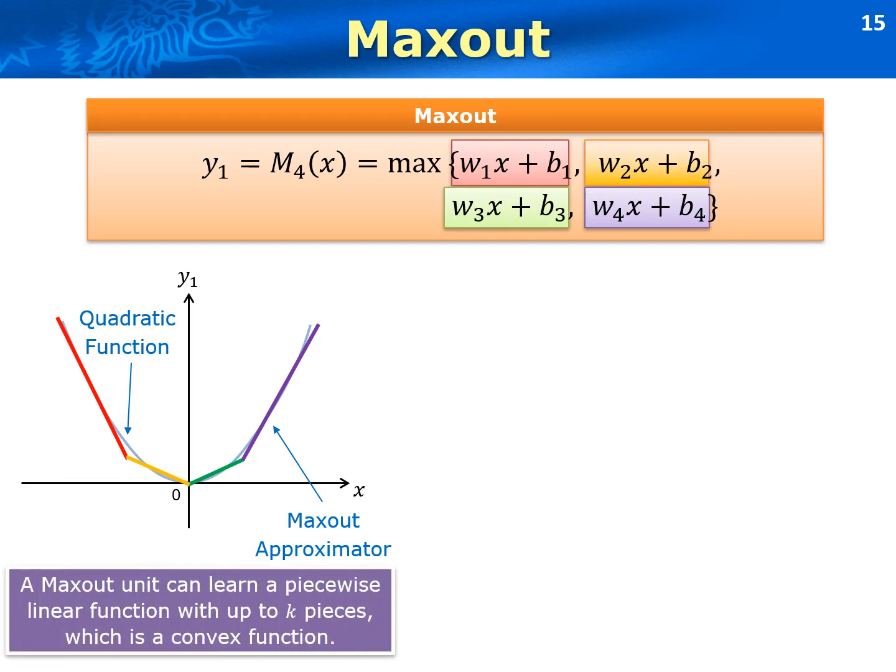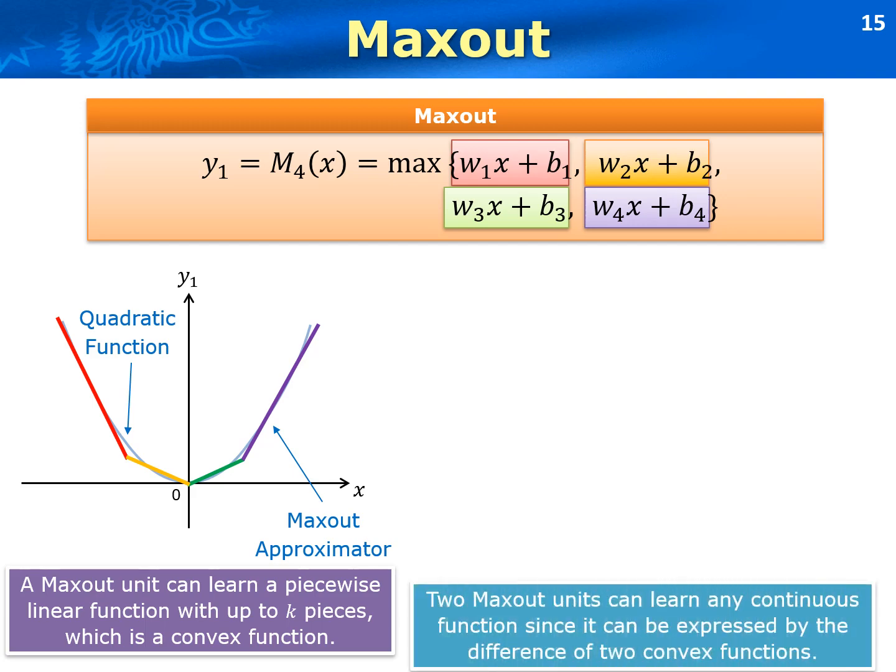However, if we want to approximate any continuous function, it is better to use 2 maxout neurons. This is because, mathematically, it can be shown that any continuous function can be expressed by the difference of 2 convex functions. Thus, to emulate any continuous function, we can build the following neural network.